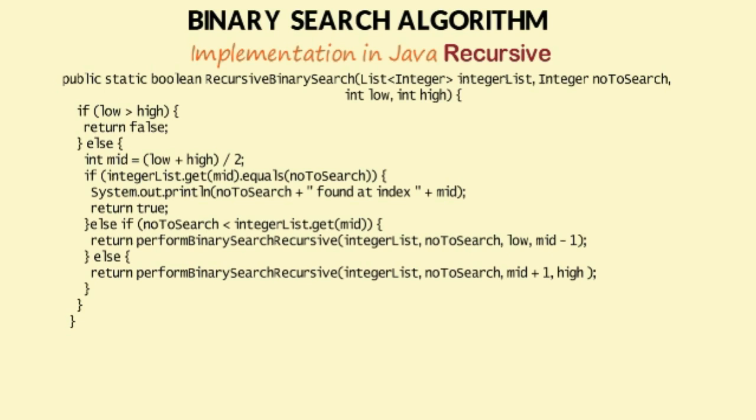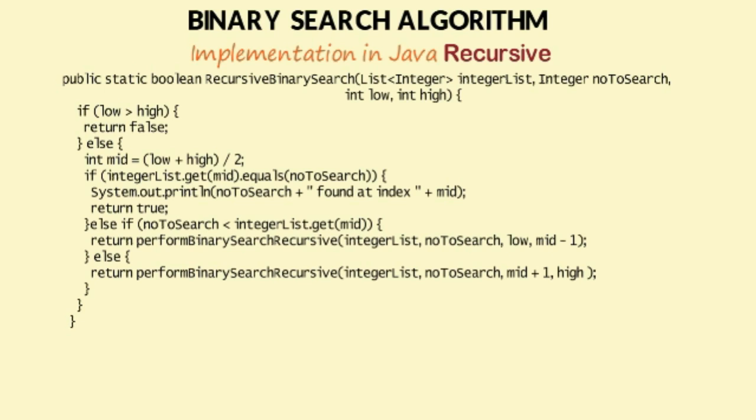The difference is that in case of the number to be searched being less than the number at the mid position, the same method is called again and the value of high this time is passed as mid minus 1, while the value of low remains the same and the list and the number to be searched are passed back as well. And similarly, in case where number to be searched is greater than the number at the mid position, the lower half of the numbered list is ignored by setting the low to mid plus 1 position.